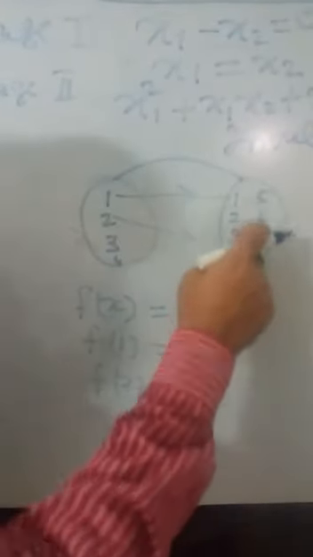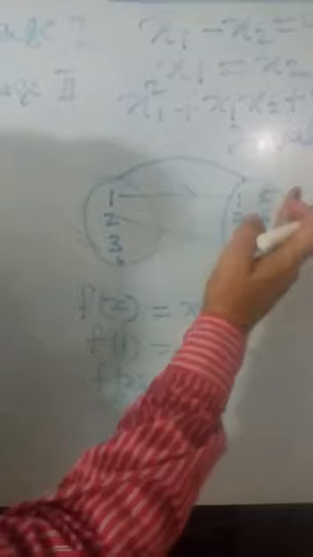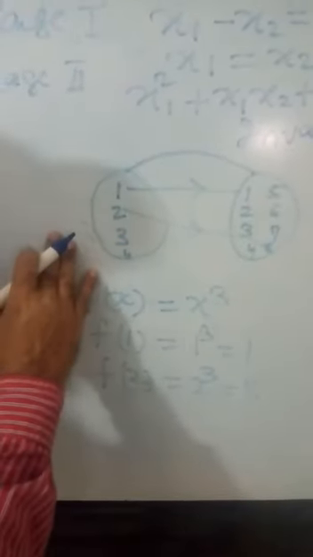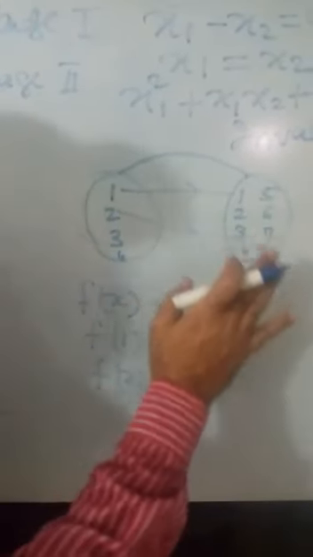Here 2, 3, 4, 5, 6, 7 have no preimage. So it is not an onto function. This is an into function. So this function is one-one and into.